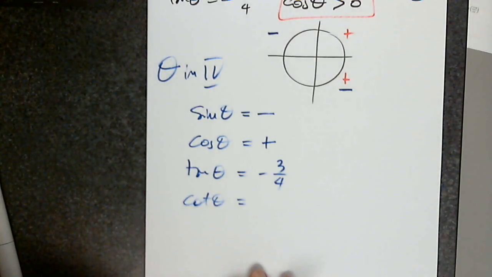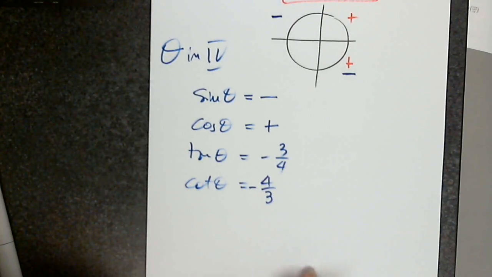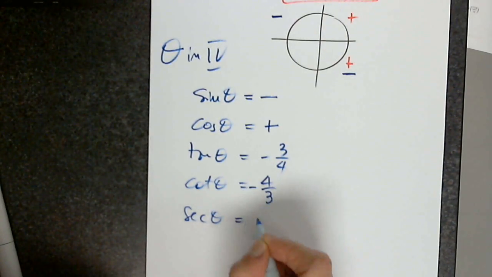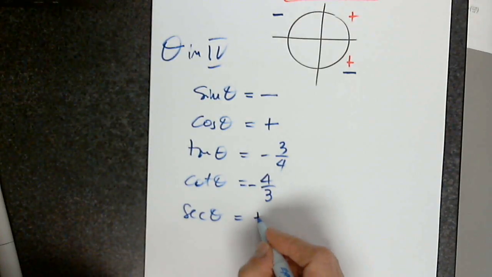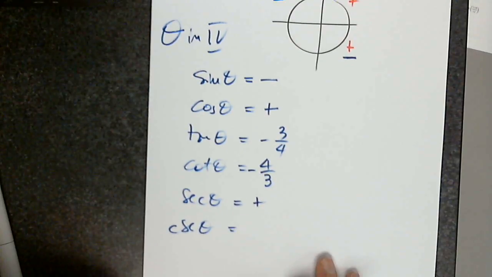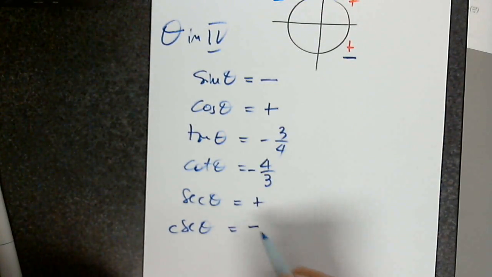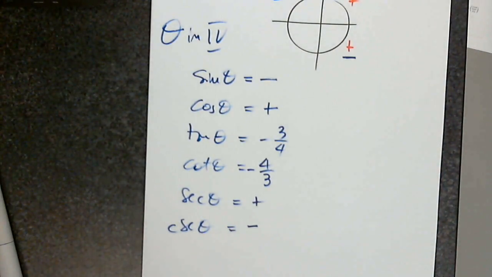Right. Can you give me cotangent right away? That's it, with minus. Very good. Secant theta will have which sign? It's 1 over cosine. Positive. So then cosecant theta will be negative, yes, because it's 1 over sine. Good. So I have to determine 1, 2, 3, 4 trig functions.